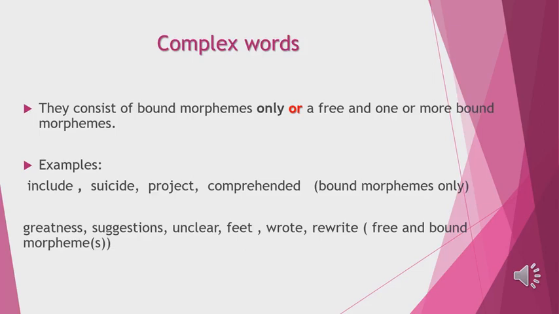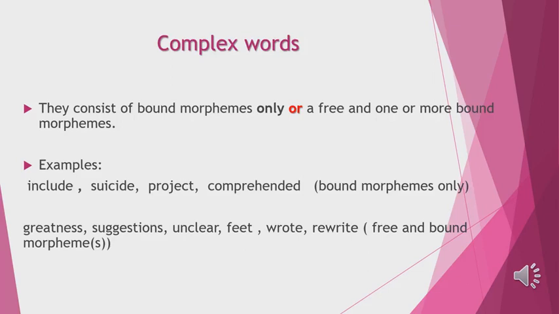The second type is called complex words. Complex words are either words that consist of bound morphemes only, or words that consist of a free plus one or more bound morphemes.